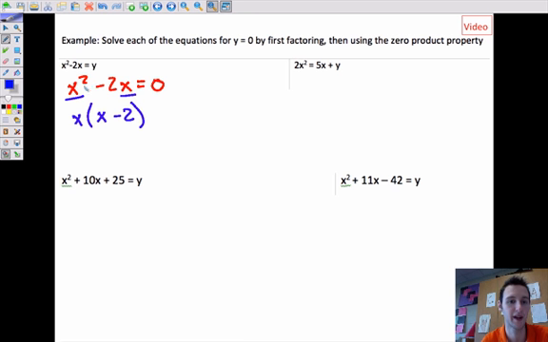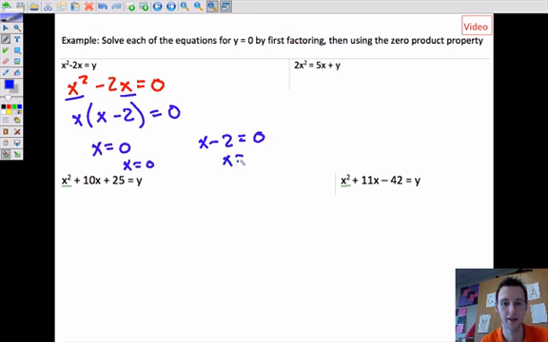So if you divide this by x, you just get x, and you divide 2x by x, and you get 2. So this is factored, kind of going backwards from foiling. Set that equal to 0, and then use the zero product property. So set x equal to 0 and x minus 2 equal to 0, and we get our solutions as x equals 0 and x equals 2.